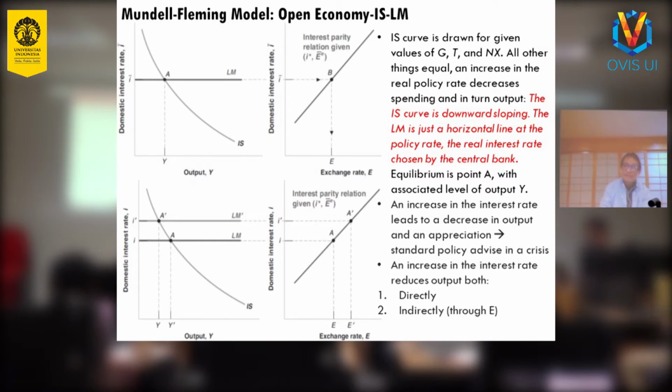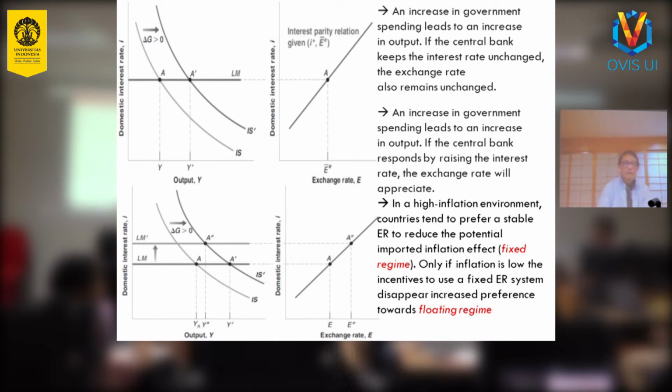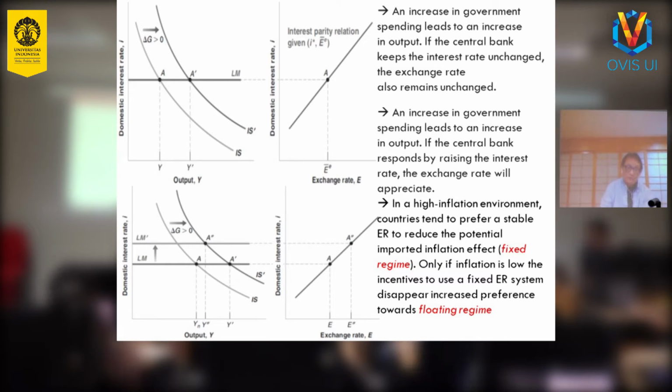Now you see how the exchange rate plays a role in the ISLM story there, right? And the same thing, what happens if you conduct policies like this? So in this case, fiscal policy. If you conduct fiscal policy instead of monetary policy, what you do is the IS curve shifts to the right, okay? And that's the upper left chart. And if that is the case, then the output will go up, because you are basically trying to pump prime the economy by spending more, the government spending, for example. Okay.